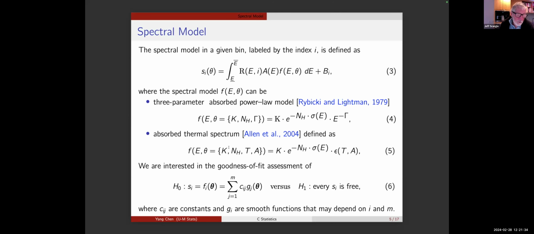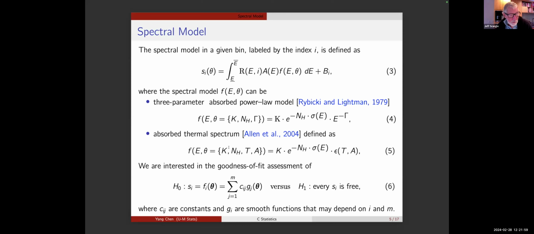Jeffrey, I'd like to second the comment about binning, and it's actually even more complicated. Astronomers use all kinds of binning methods. For example, Bayesian blocks is a binning method, mostly in the time domain, where the bins are not even equal and they're determined by the statistics of the data.